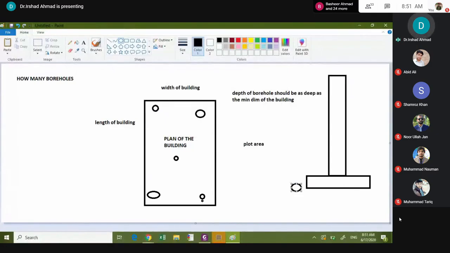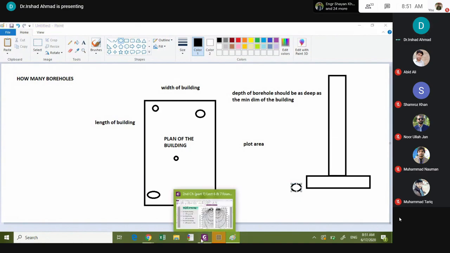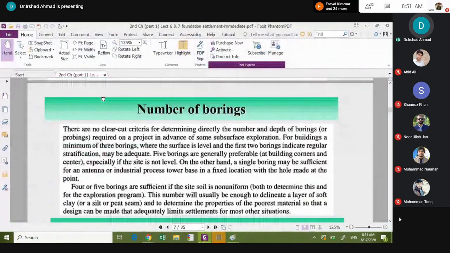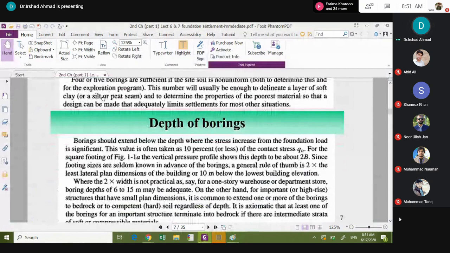A single borehole may be enough, for example, for a foundation for a long antenna, right? So this is about the number of borings and depth of borings.